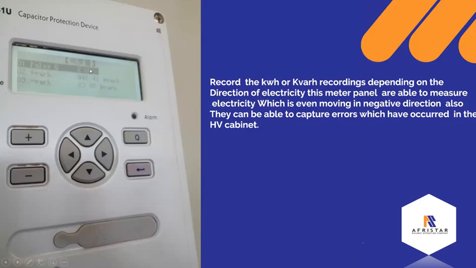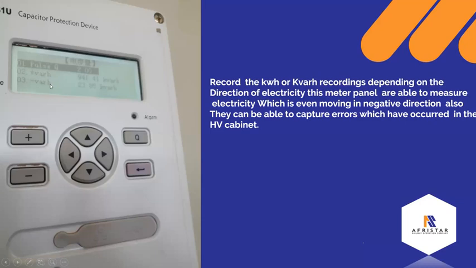So this is the menu where you will collect the data about power consumption. And this meter can collect data whether power is running from Mackinnon Road to Mombasa or the other way round. For example, if Mackinnon Road is supplying power to Mombasa, you will collect data which starts with plus.